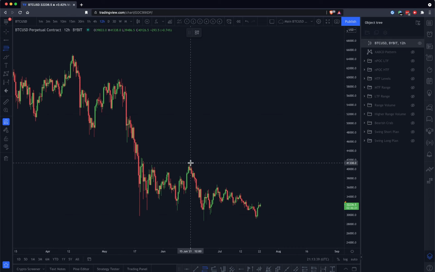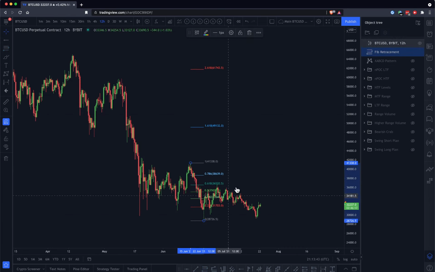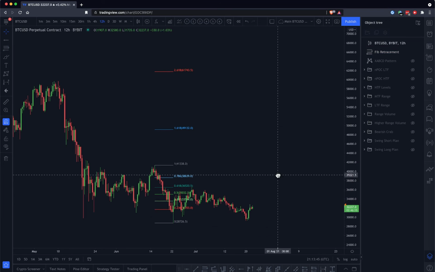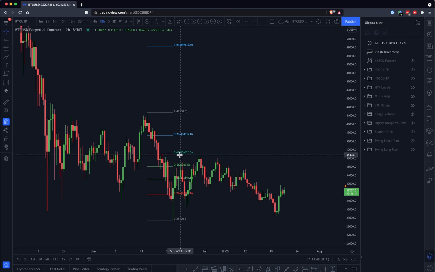So if you take your fib from this high to this low here, you see where we got the rejection: around the 618, right? Around 36,500-ish. And then we came back all the way down. And where did we get the bounce here?